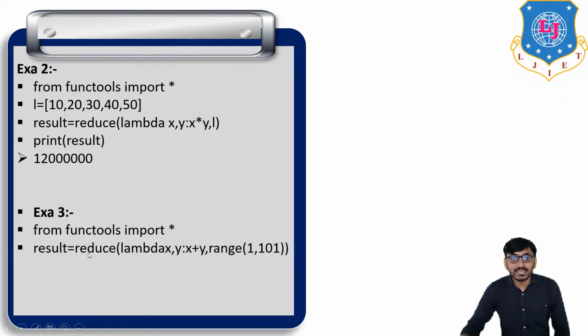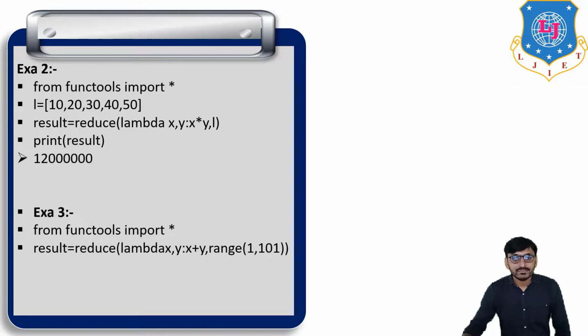Then example number 3, from functools import star. Now result is equal to reduce, and in the parenthesis lambda x y, then x plus y, this is the expression, and the sequence is range from 1 to 101. It means 1, 2, 3, 4 up to 101, but 101 is not included.